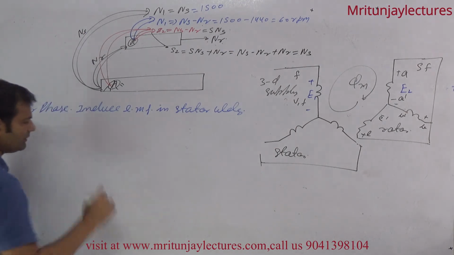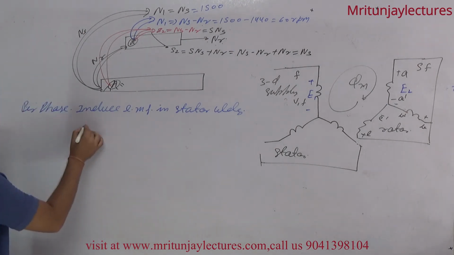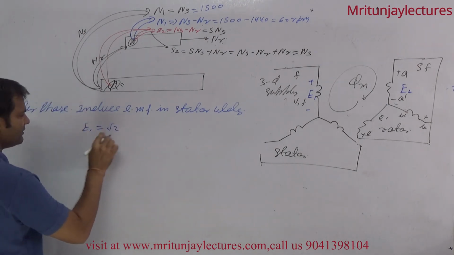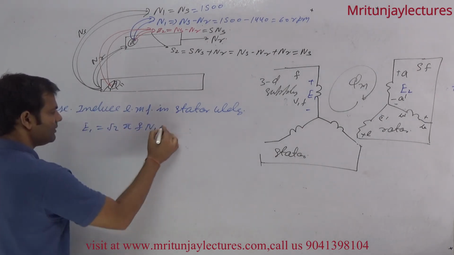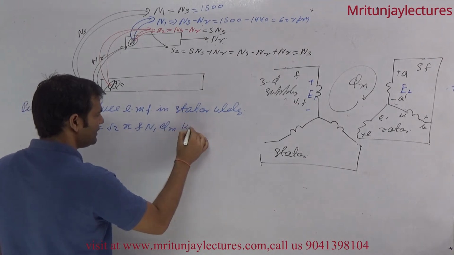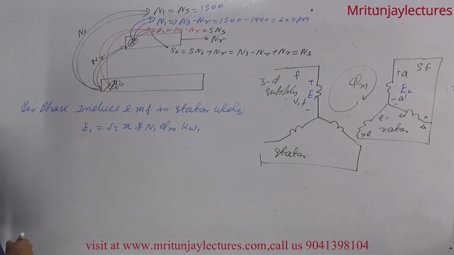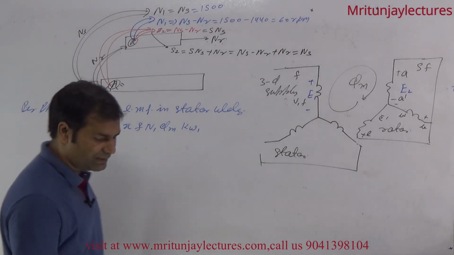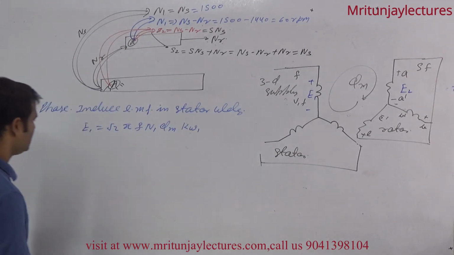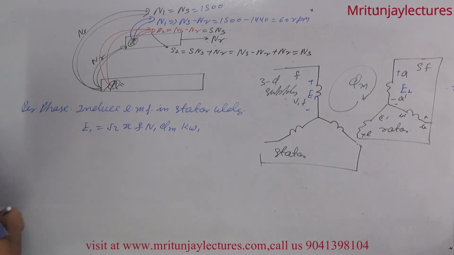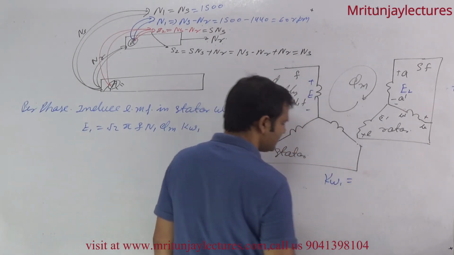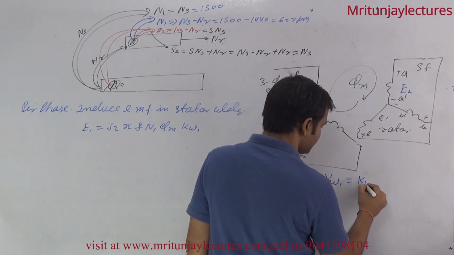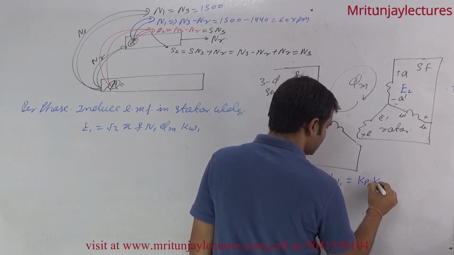We have discussed this expression in the fundamentals: E1 equals root 2 pi f N1 phi m into kW1. N1 is the number of turns per phase, and kW1 is the winding factor of the stator, that is kp1 into kd1.